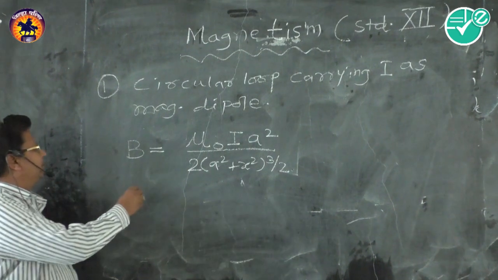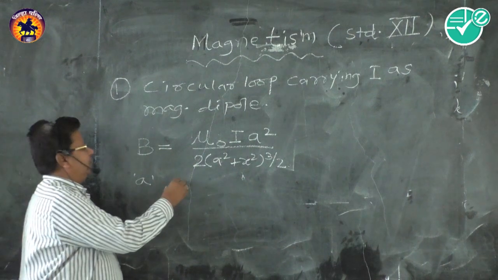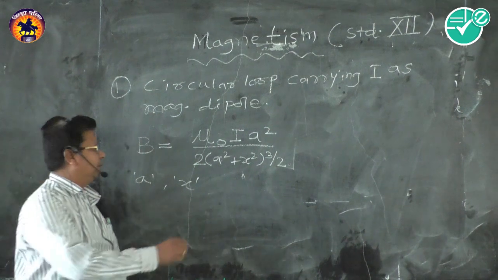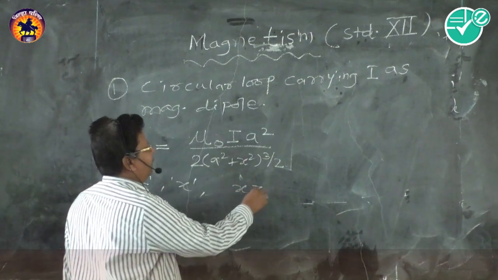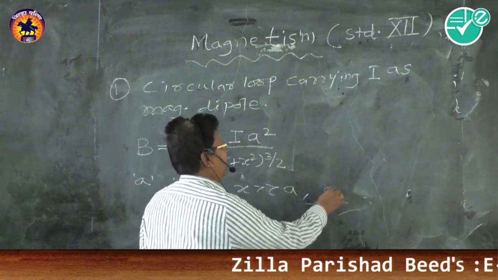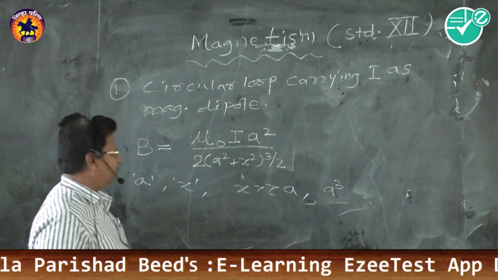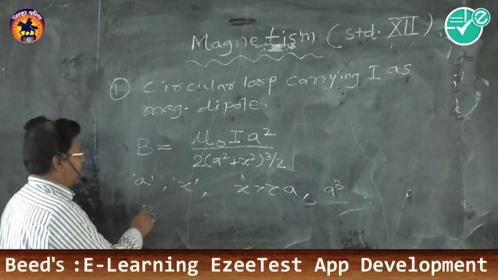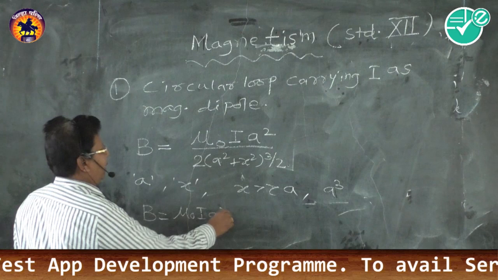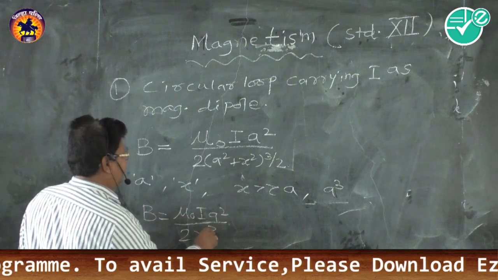In this case, A is the radius and X is the distance on the axis of the circular coil. As X is very much greater than A, we neglect A square in the denominator, and therefore our equation becomes B is equal to mu 0 I A square divided by 2 X cube.